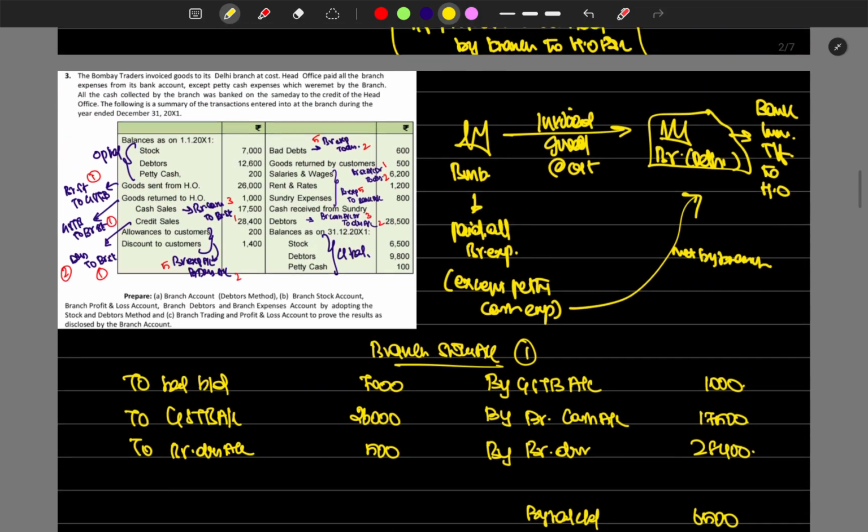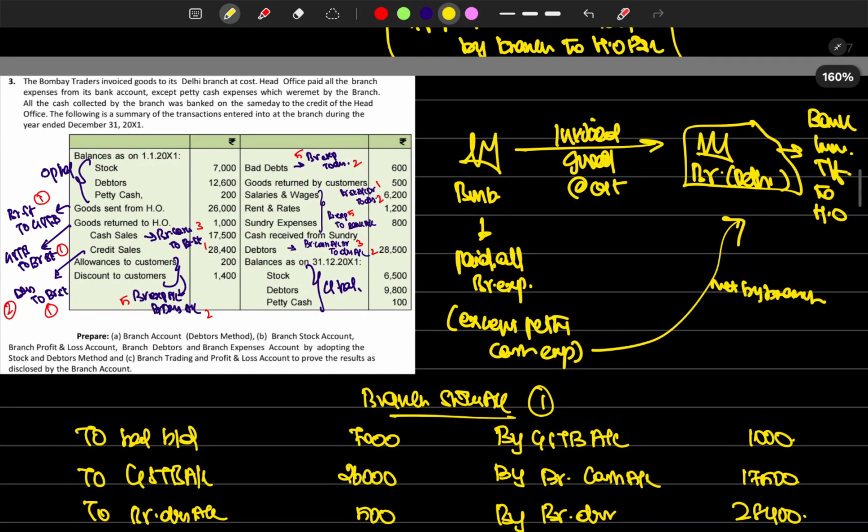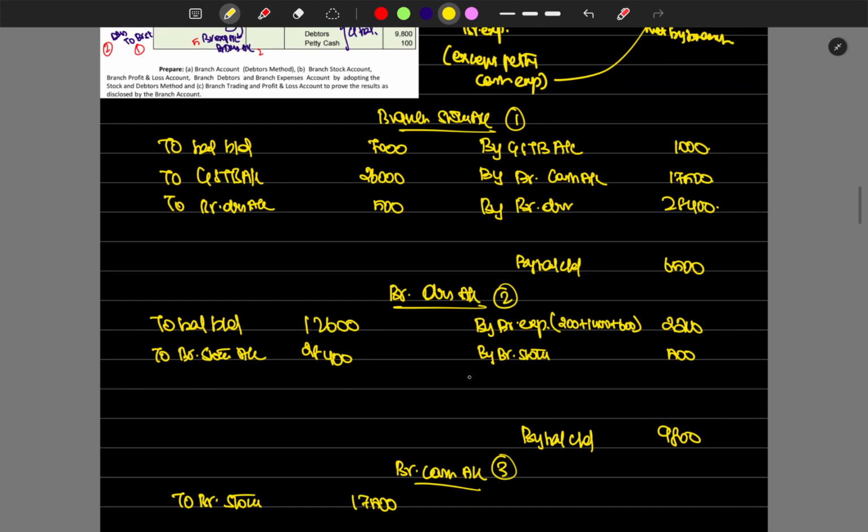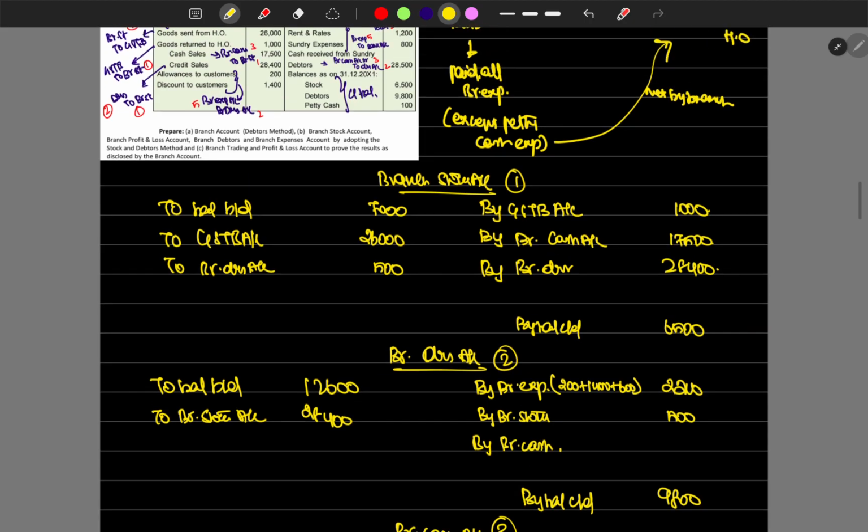Okay, now the next entry, cash received from sundry debtors. Branch cash account debit to debtors account. So by branch cash, which is how much? 28,500.